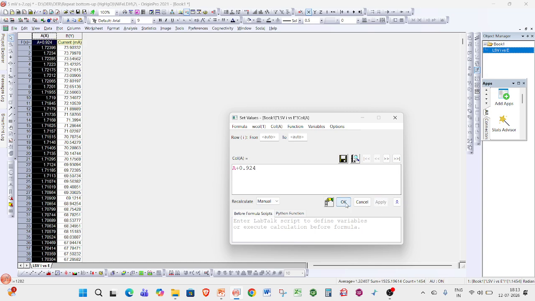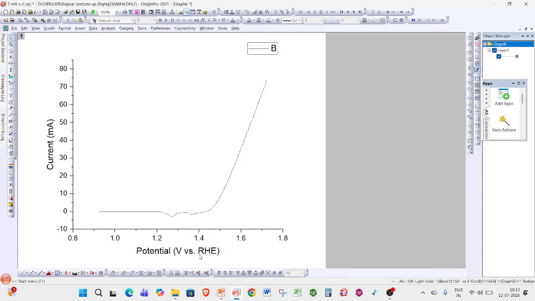We need to keep in mind this is only for the mercury oxide electrode, and if the electrolyte pH is 14. If the pH changes or the reference electrode changes, that correction factor will also change.